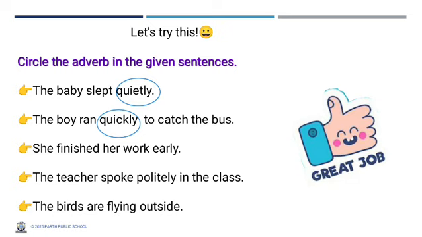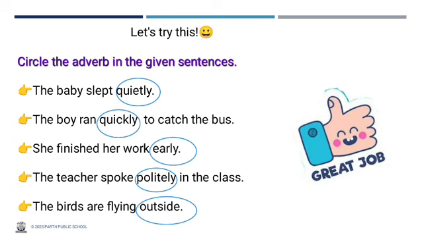She finished her work early. When did she finish her work? Early. So, early is an adverb. The teacher spoke politely in the class. How did the teacher speak? Politely. The birds are flying outside. Where are the birds flying? Outside. That's great. It's a great job.